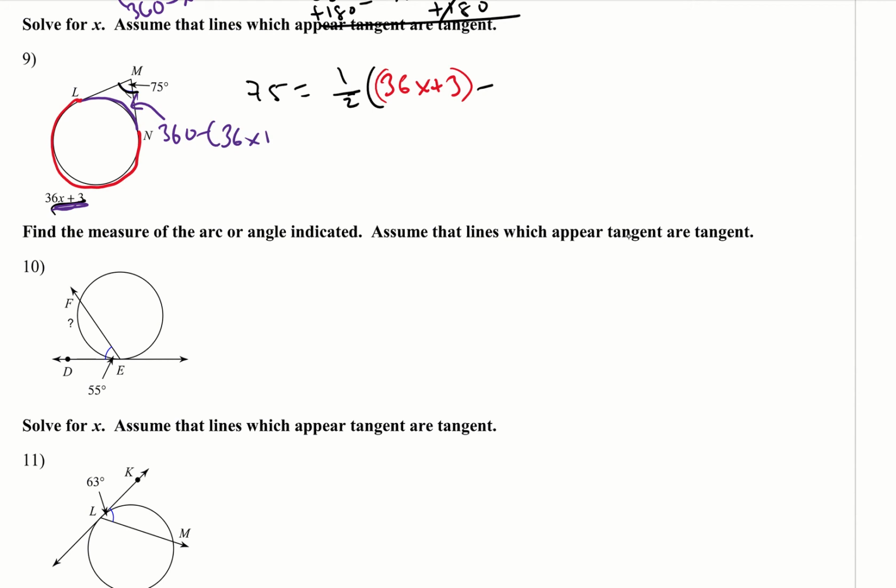So we just got to be careful and write it this way. And then we'll simplify that first, just so that we don't have to plug in all this mess in here. So we know 360 minus 3 is 357. So we got 357 minus 36x. So that's the purple part. And we can plug that in here now.